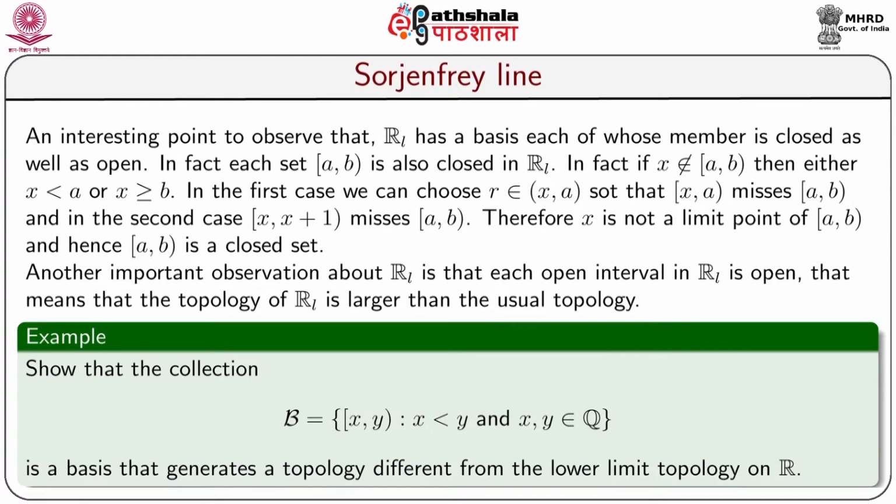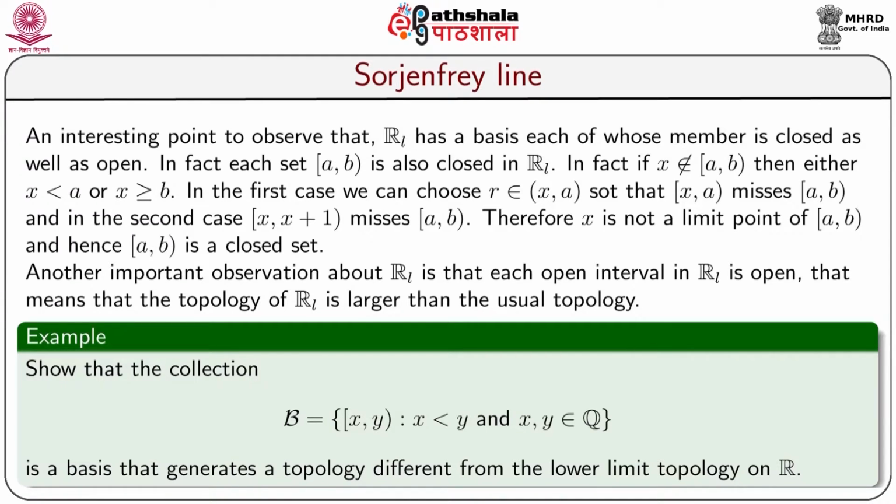Then [x,r) is a semi-open interval which misses [a,b). Now, if x is greater than or equal to b, then [x,x+1) is a semi-open interval which misses [a,b). That means the semi-open interval [a,b) is closed as well in the lower limit topology.